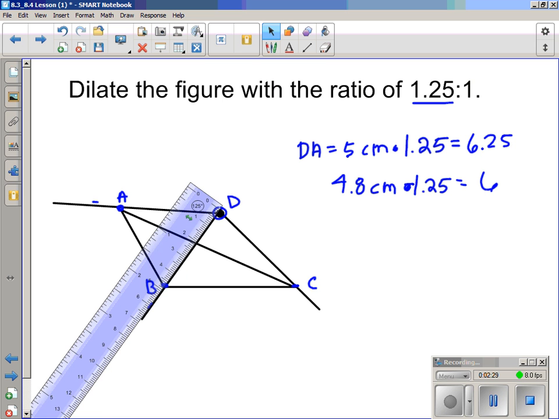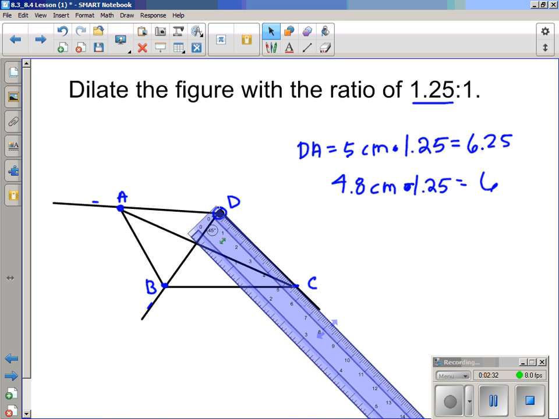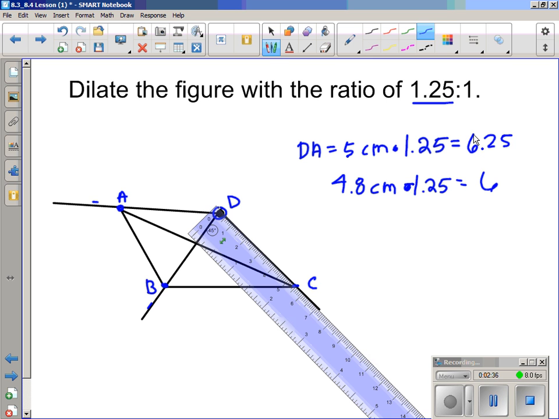My last task then is to measure again from my center out to C. That looks like it's 5.5 centimeters. I'm going to multiply that by my scale factor again, and I end up with 6.875. So again, from C out to about 6.8, about there.